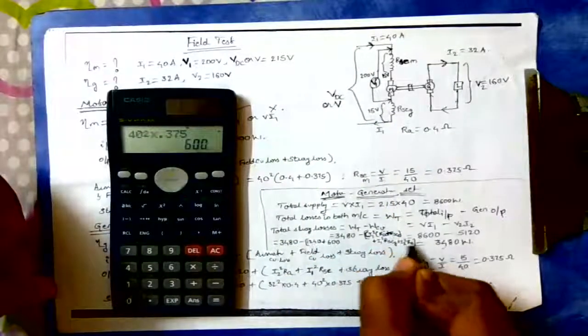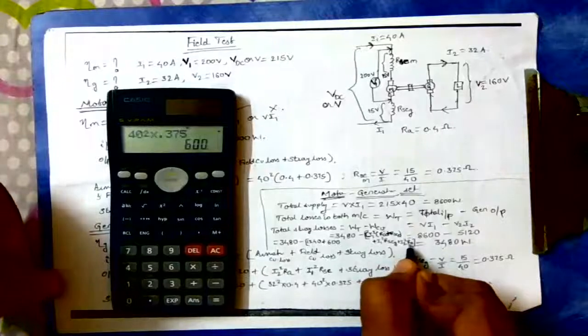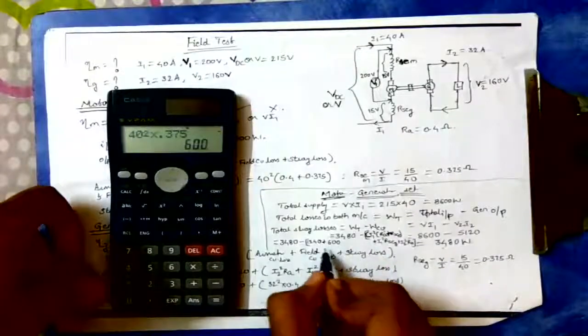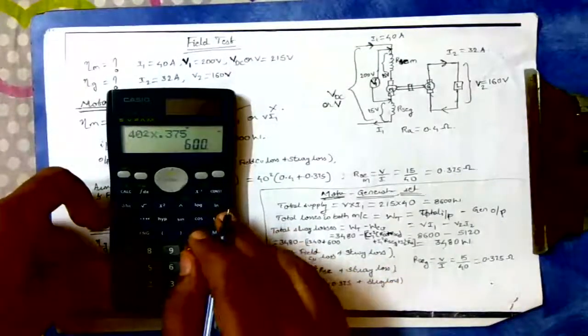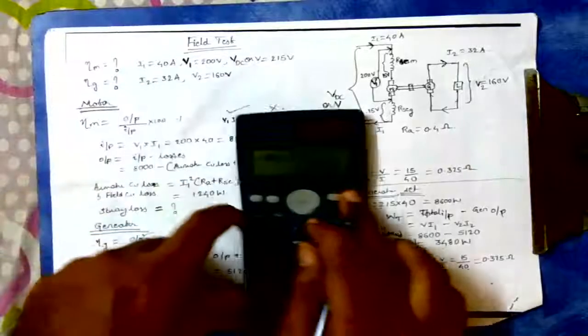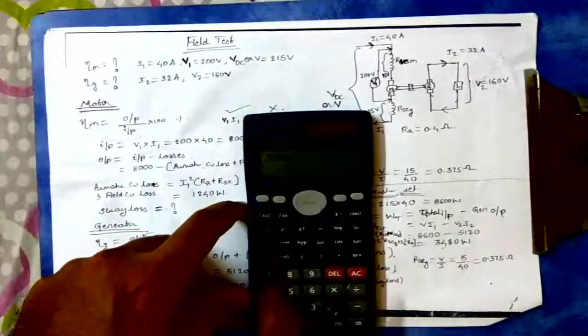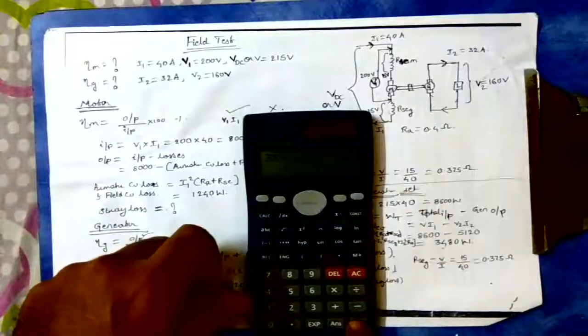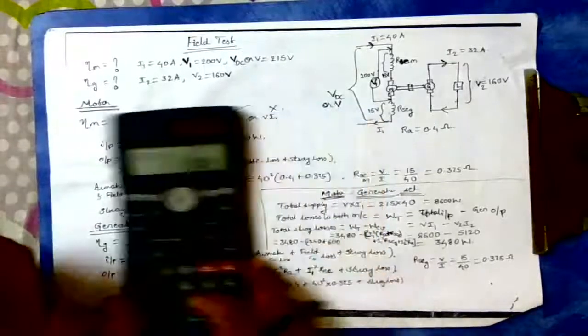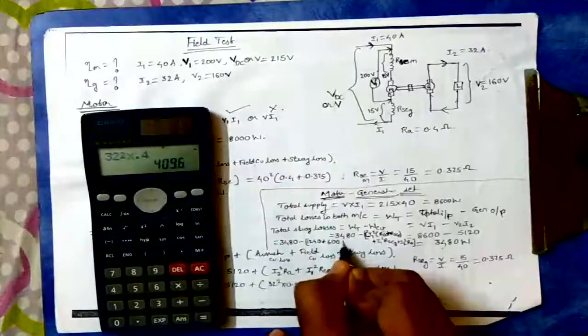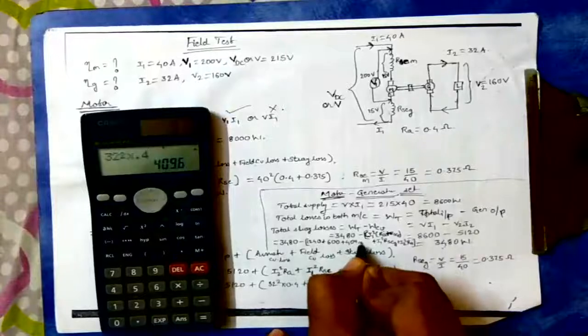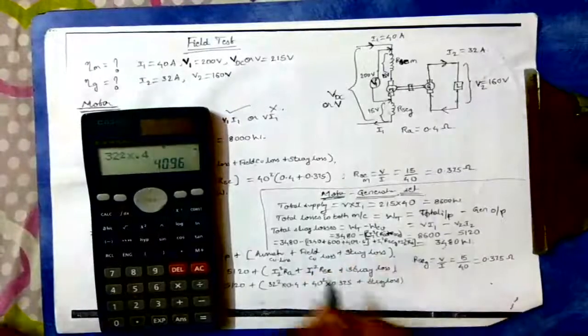This is over. So what remains is I2 square into RA. What is I2? 32. 32 square into RA, where RA is 0.4, which results in 409.6.